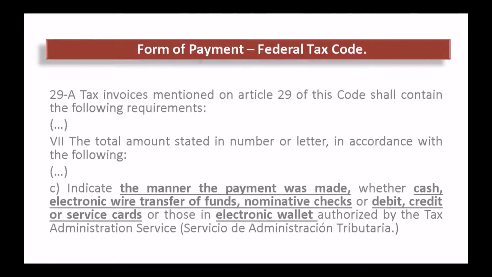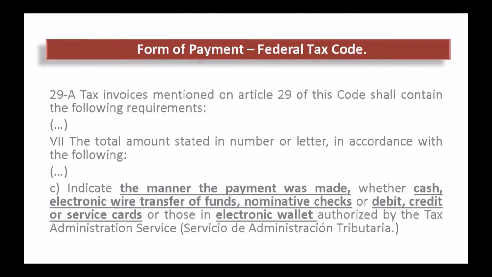It says that it should include the total amount stated in number or letter according to another couple of requirements. So in letter C, it says that we need to indicate the manner in which the payment was made. So it refers to cash, electronic wire transfer of funds, checks, debit, credit, or service cards, etc.